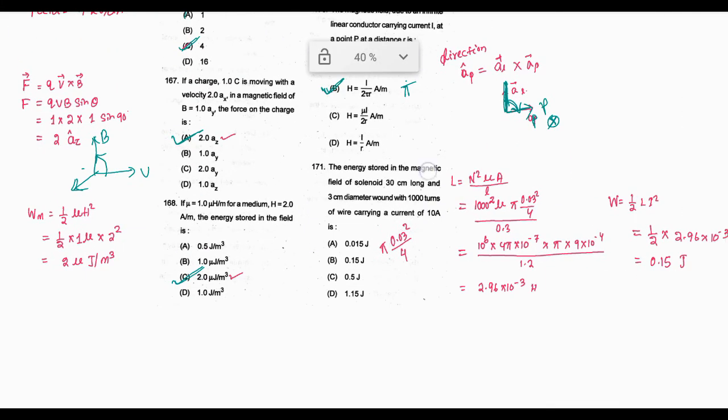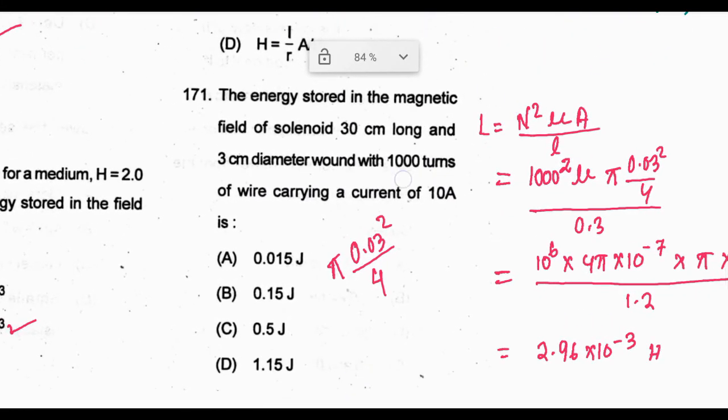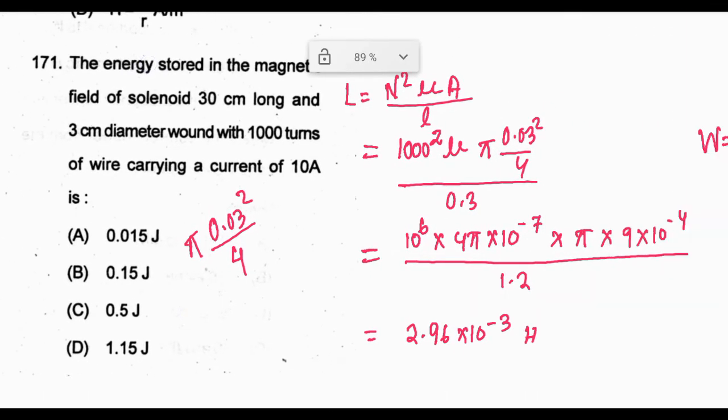Next question is question number 171. The energy stored in the magnetic field of a solenoid 30 cm long and 3 cm diameter wound with 1000 turns of wire carrying a current of 10 ampere. If we want to find the energy stored, we have to find L, the self inductance, and then apply energy is equal to half L I square. L is N square mu A by l, where A is the area and l is the length.